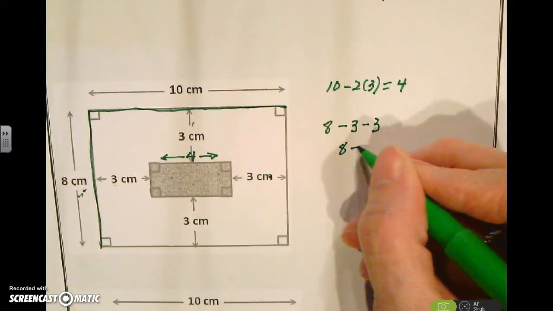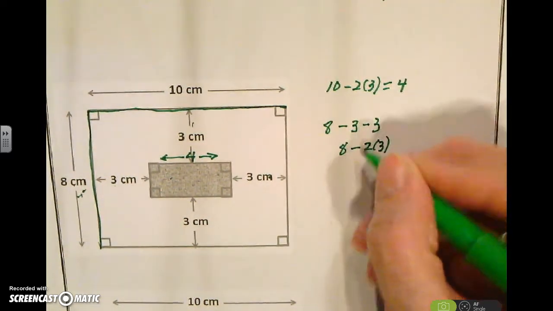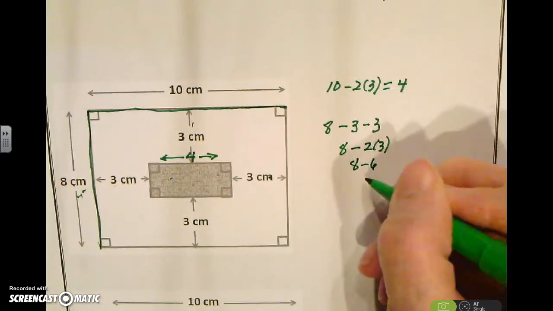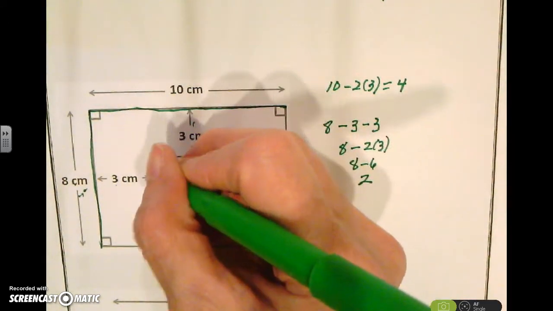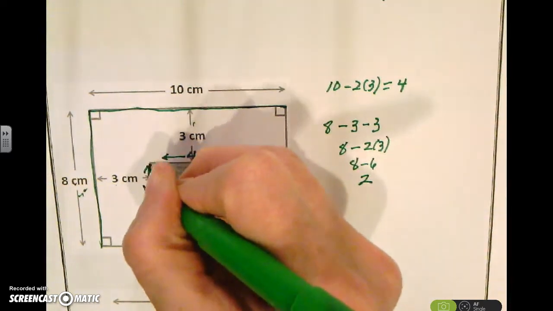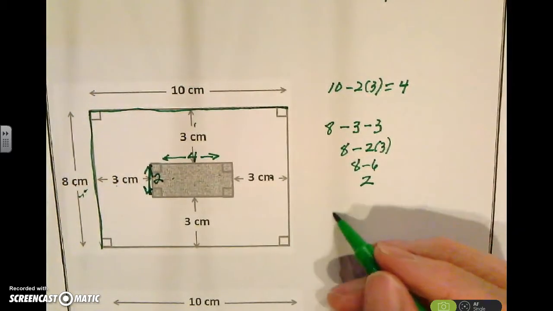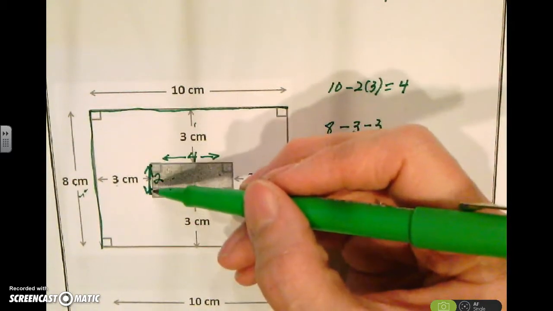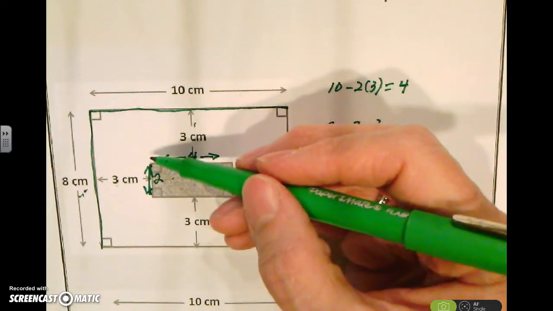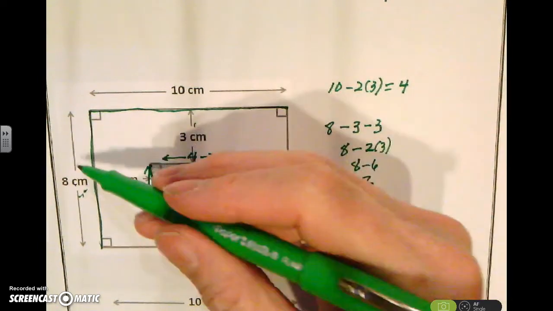So that's really 8, subtract 2 3s. So 8 minus 6, which leaves us with 2. So we know that this distance from here to here, I'll put the little arrows on there, is 2. Well, now that I know how big, let's just double check it. It's 2 plus 3, that's 5, and plus another 3, that's 8.